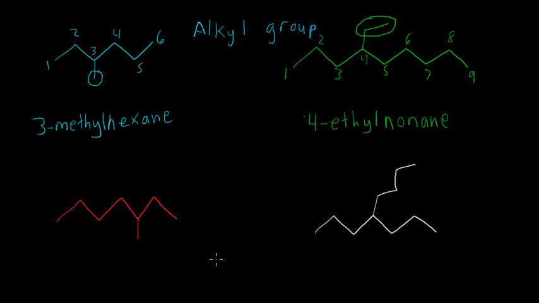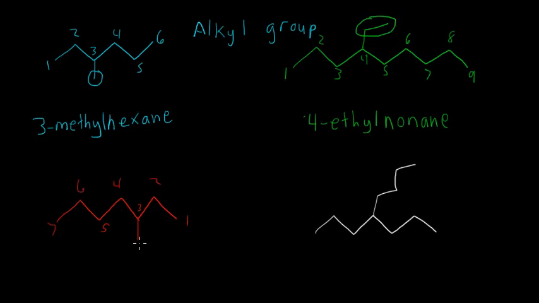And then getting into the next example, for numbering, we could start here 1, 2, 3, 4, 5, 6, or over here is 1, 2, 3, 4, 5, 6, 7. So when you go to number this one, you don't start numbering over here saying this is 1, 2, 3. You would start the numbering over here because this is the side the nearest group is. So 1, 2, 3, 4, 5, 6, and 7.